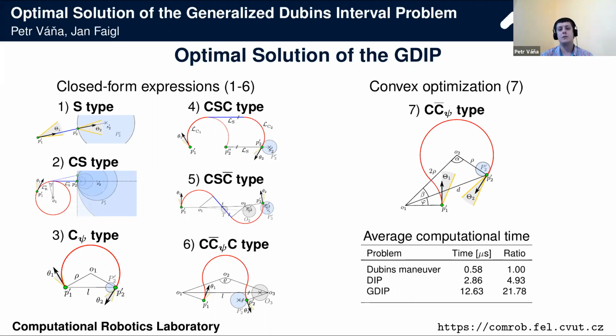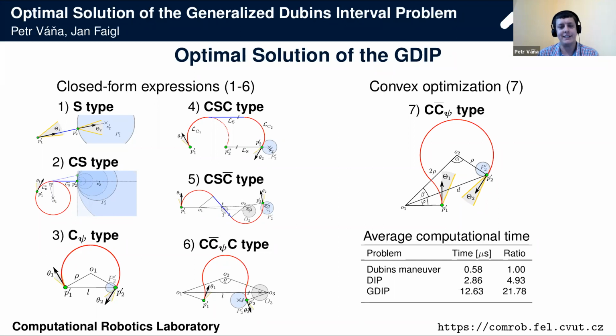At the end, once we found these conditions, we were able to say that for these 6 cases on the left, we are able to find the solution for all of them by closed-form expression, which is very good because any closed-form expression can be, let's say, effectively computed. So it's really nice. And the only case on the right side needs to be solved using a convex optimization.